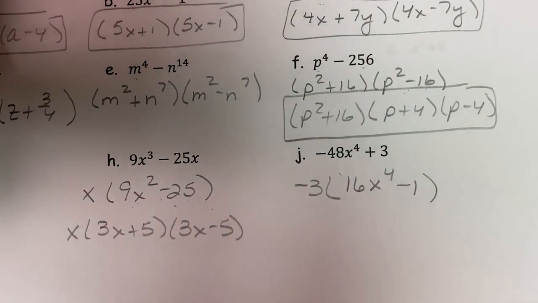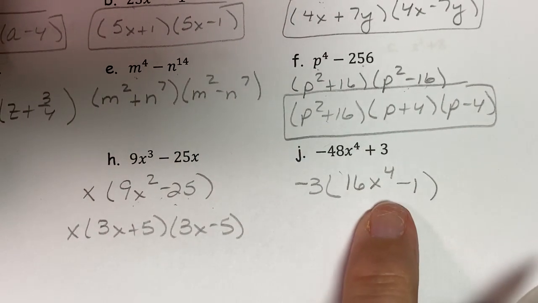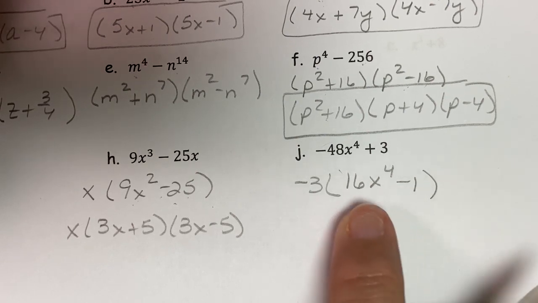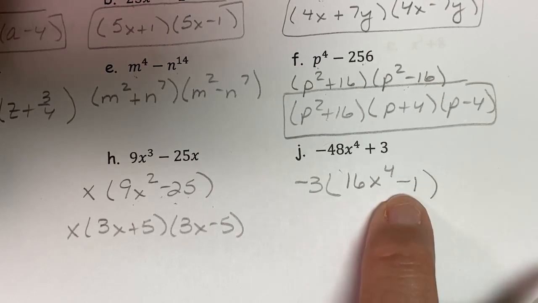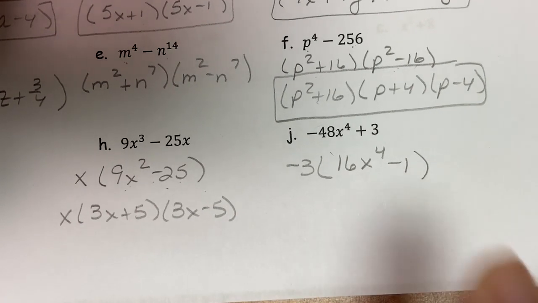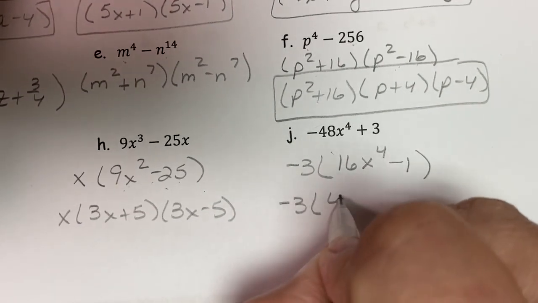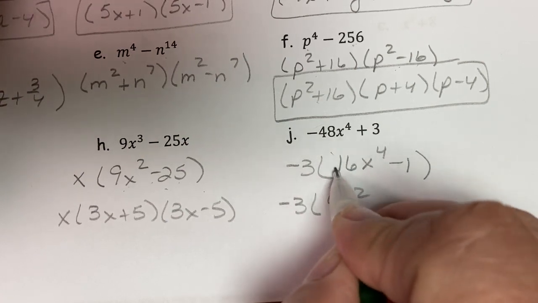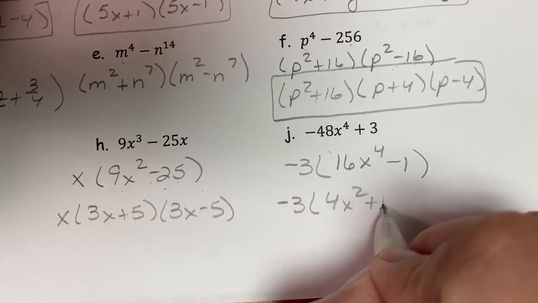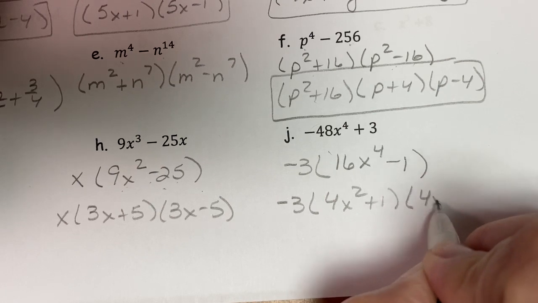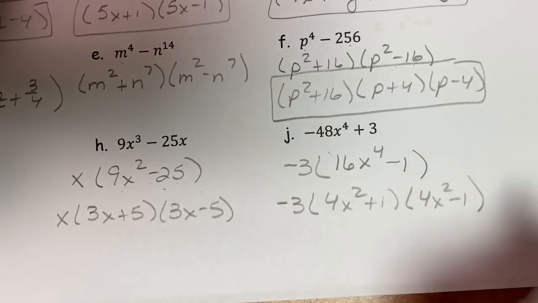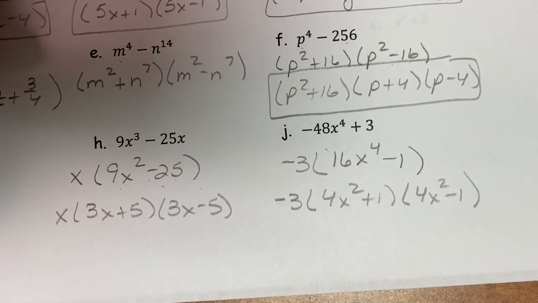Is this a difference of two squares? It is. So it will factor into 4x squared, because that's the square root of here, plus 1 times 4x squared minus 1. Am I done?